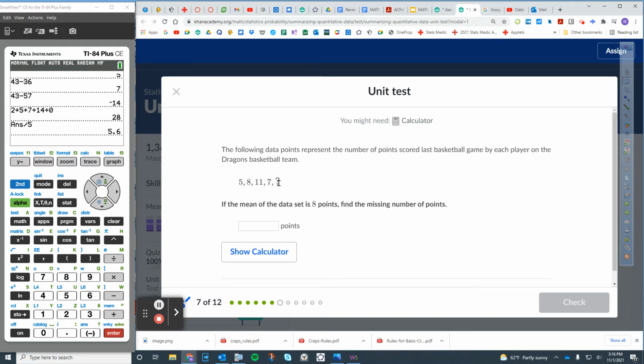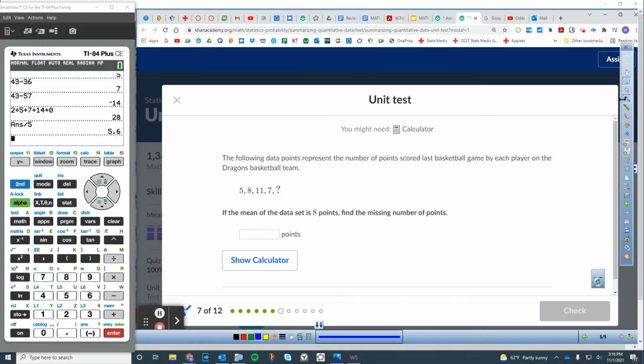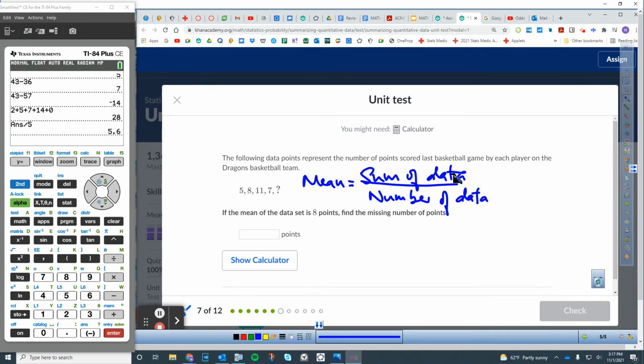Now, the mean has this formula: mean equals the sum of data divided by the number of data, and that value is 8.